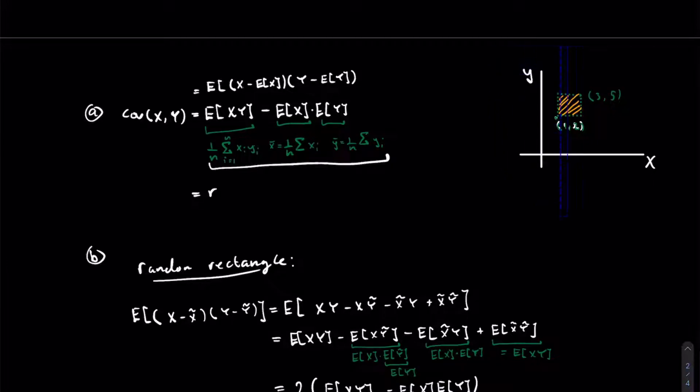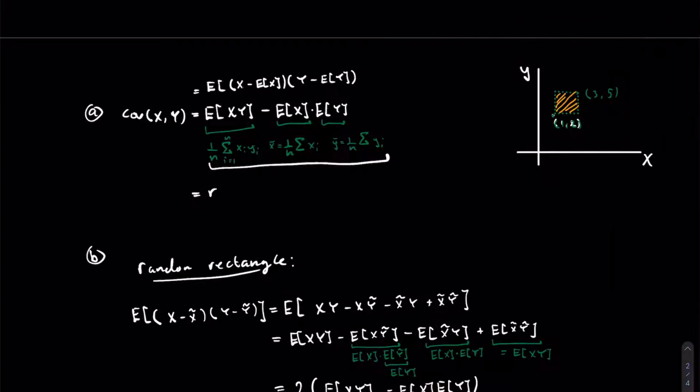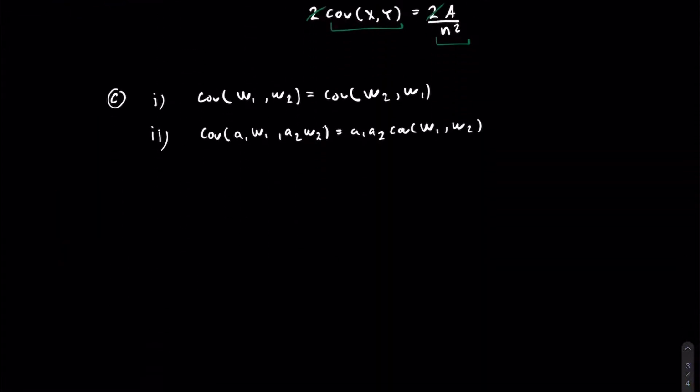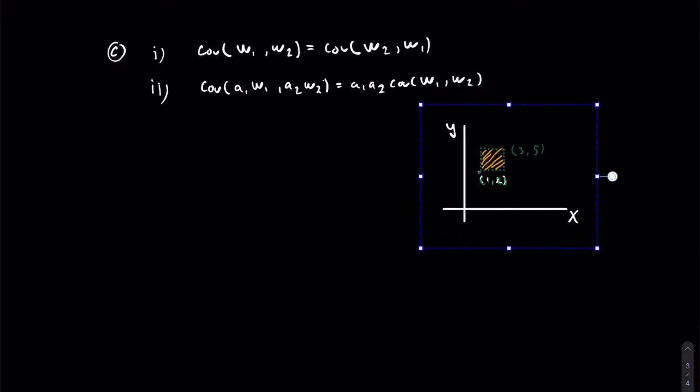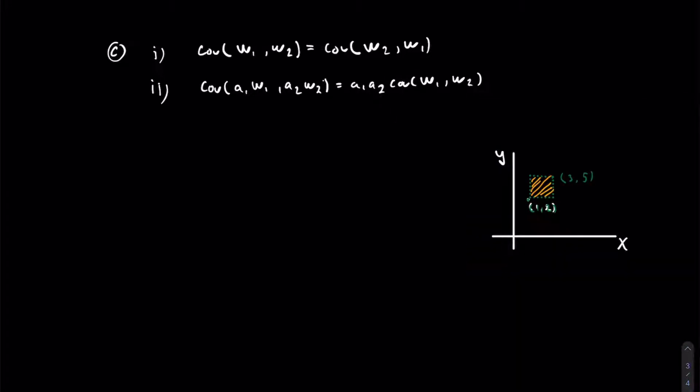I mean, we can show this in multiple ways, but we want to show this geometrically. So here we have y and x, but you can just write W1, W2.